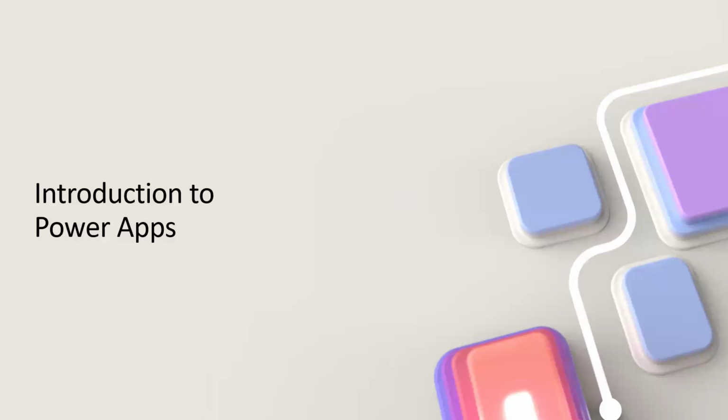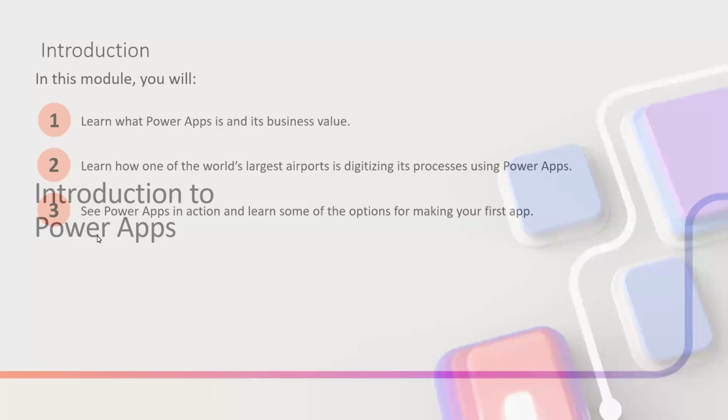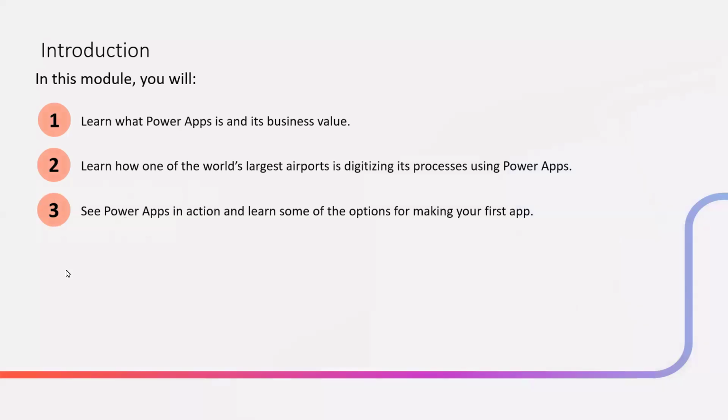In this particular module that we do see here, we will talk about a few things, and they are learn what Power Apps is and what is its business value. Then how exactly one of the world's largest airports, I'll let you know the name as well in some time, went about digitizing the entire process with the help of Power Apps.